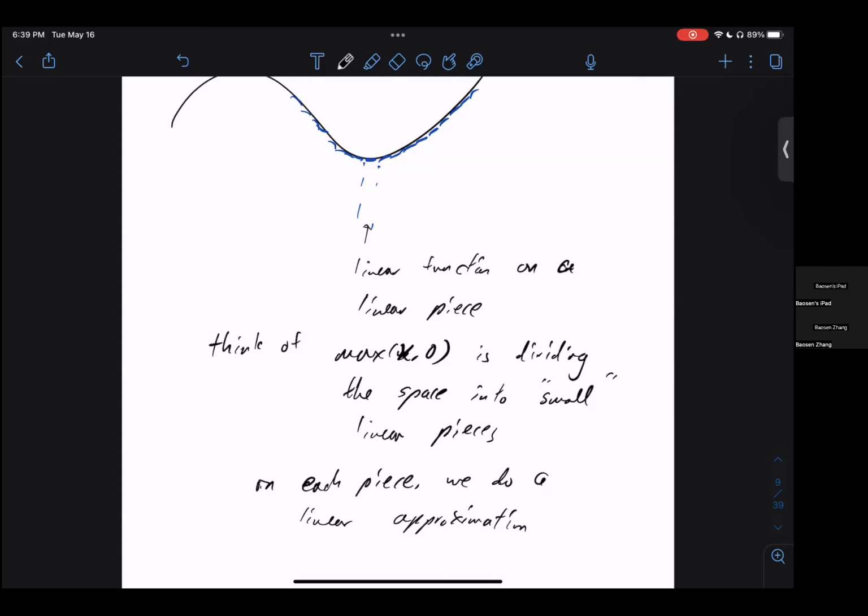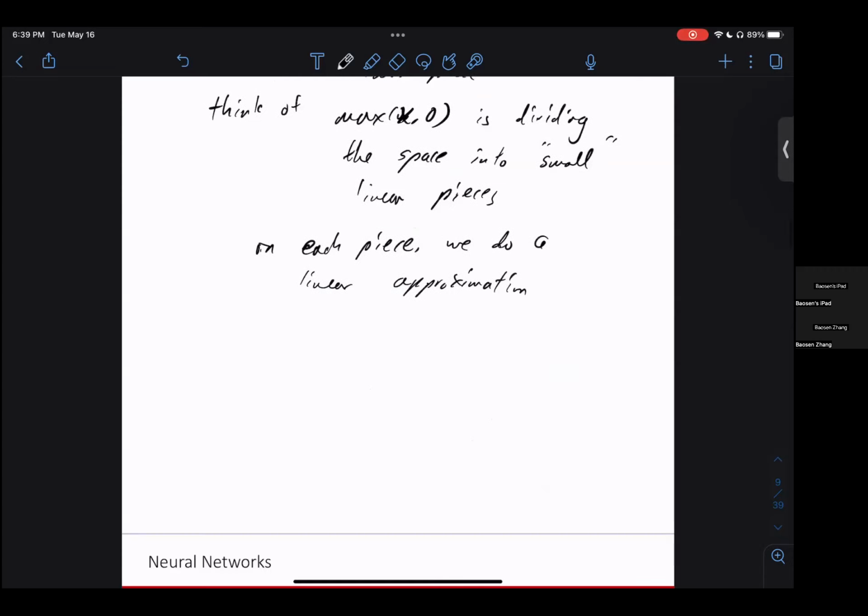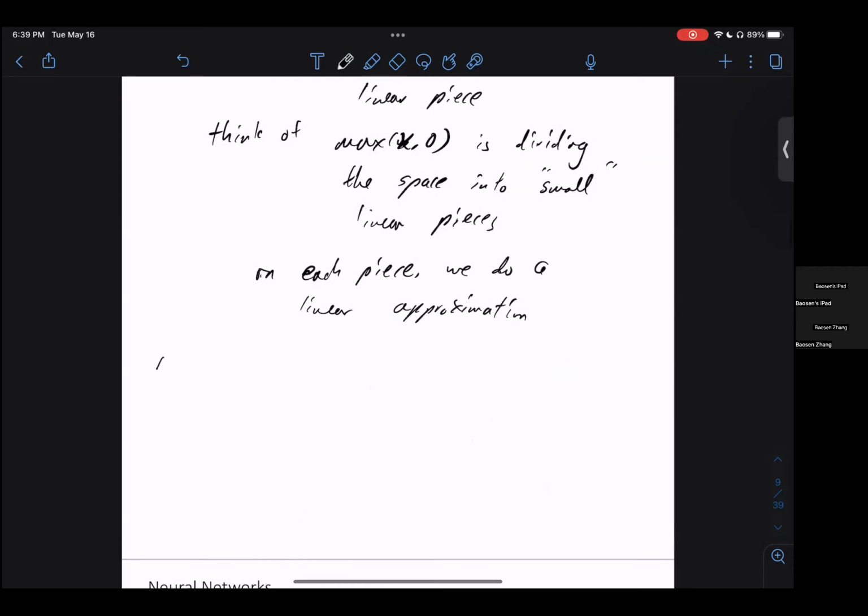And we don't have to use ReLU. There are many other functions.